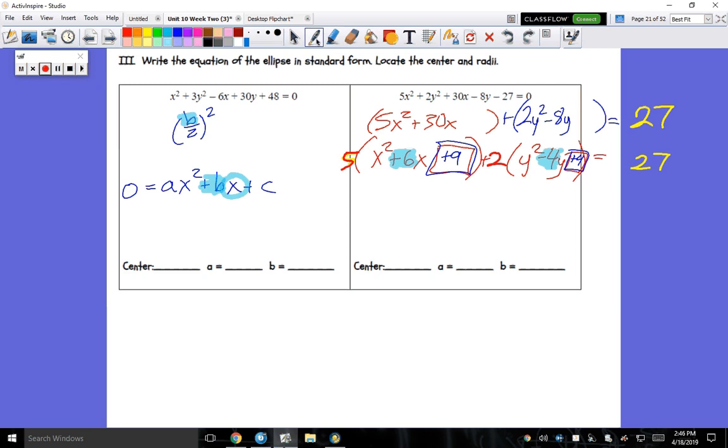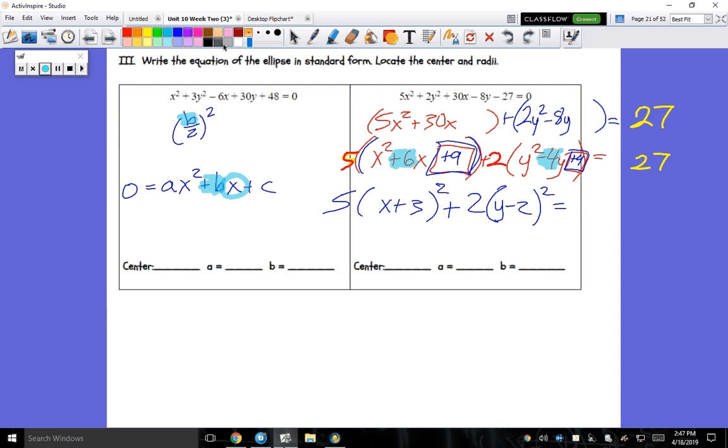Okay, so this x squared plus 6x plus 9 is going to become what? X plus 3. Don't forget the 5. What's this y squared business going to become? Y minus 2. Yep, y minus 2. Don't forget this 2. And then we have 27. But I haven't done it yet. I should have done it the last step.